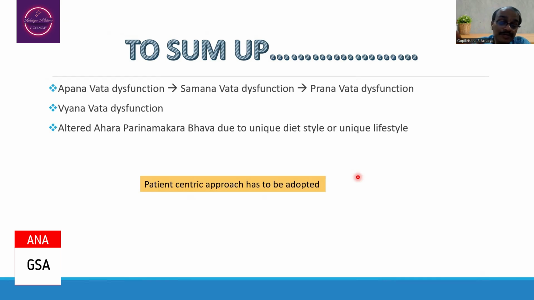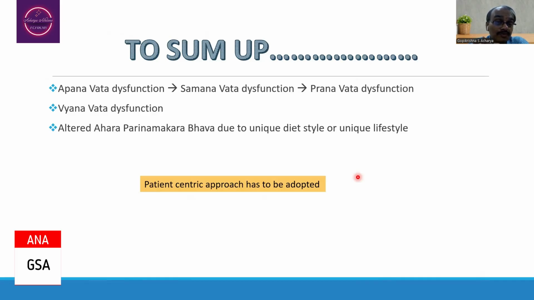They are the unique lifestyles that may be observed whenever you're thinking about the overall functioning of this. Hence, a patient-centric approach should be adopted whenever you are making the clinical diagnosis as such.